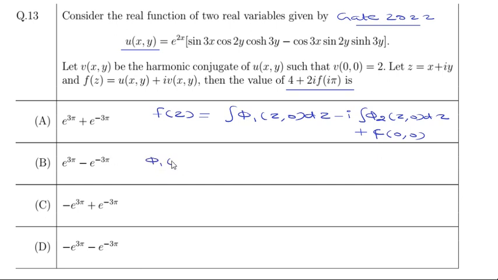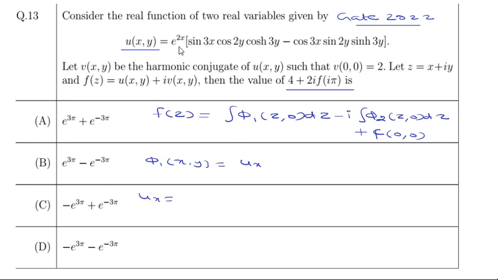So first we will find φ1 of x comma y. φ1 of x comma y is nothing but ux. We are given u, so from this we are going to find ux.